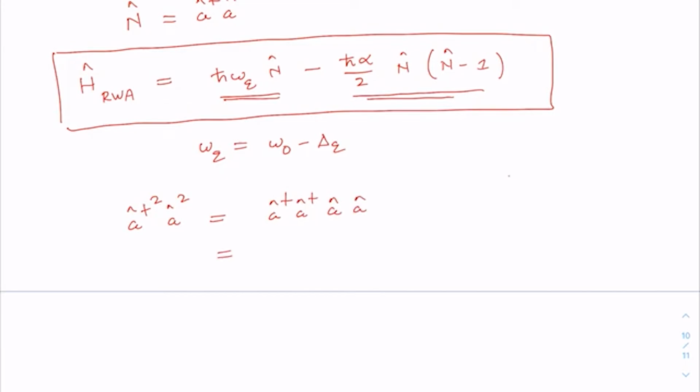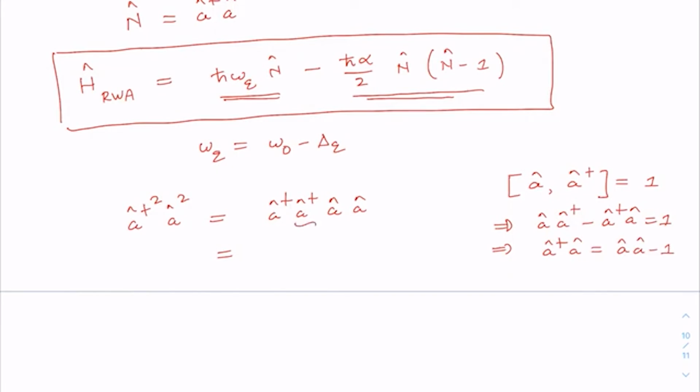Now what I will do, I will exploit this commutation relation. a a dagger minus a dagger a is equal to 1. So from here you see that I can write a a dagger is equal to a dagger a plus 1, right? So therefore I will just replace this in this way, a dagger, and this would be a dagger a minus 1, and then this is a.